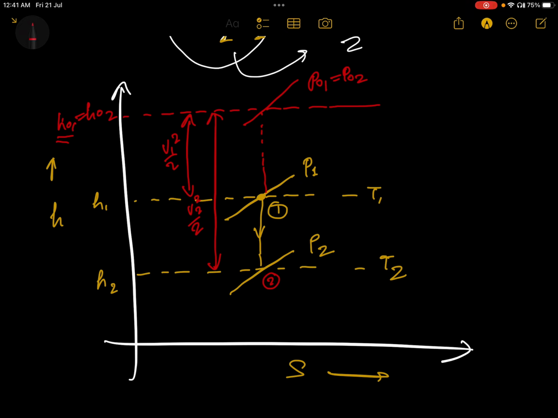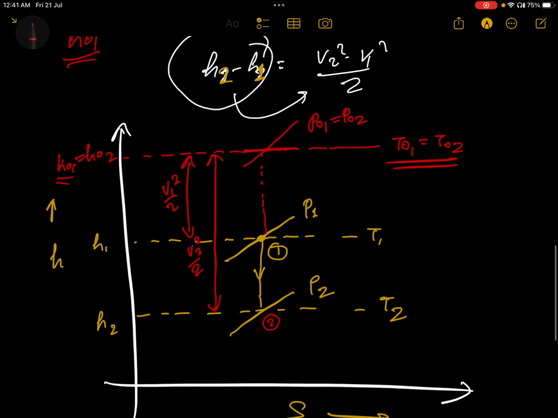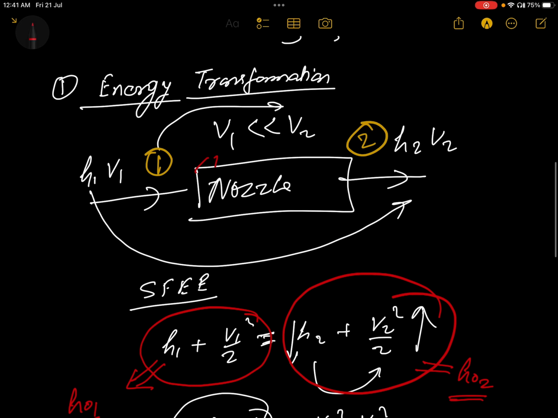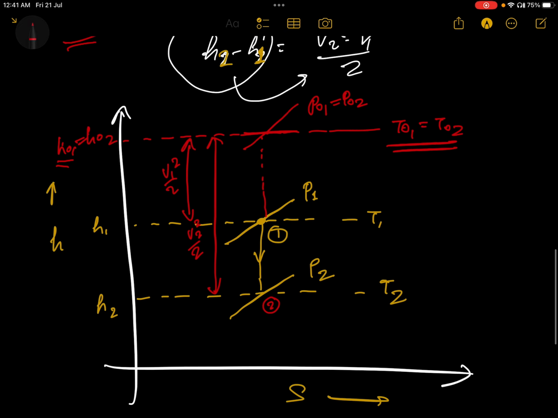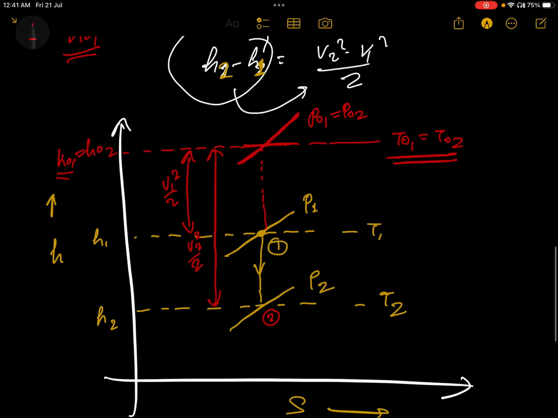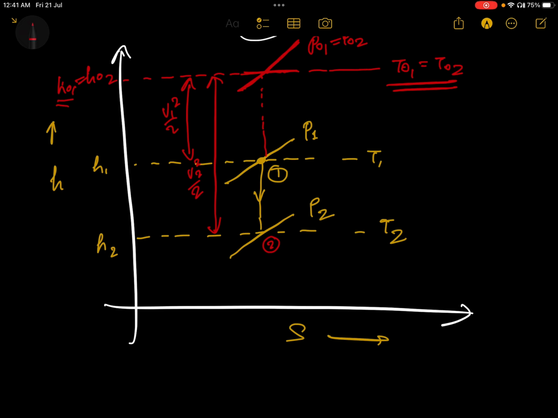The stagnation pressure is the same, and also the temperature: T naught 1 is equal to T naught 2. But keep in mind that we have assumed the nozzle is adiabatic, so there is no heat transfer. That's why the stagnation pressure and stagnation temperature are the same. Otherwise, we'll see in other cases what the differences can be.